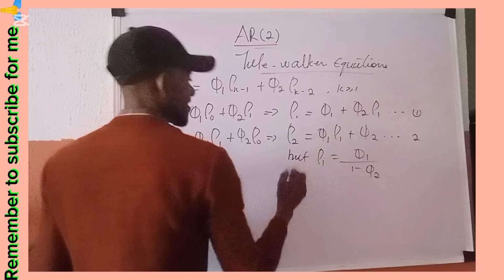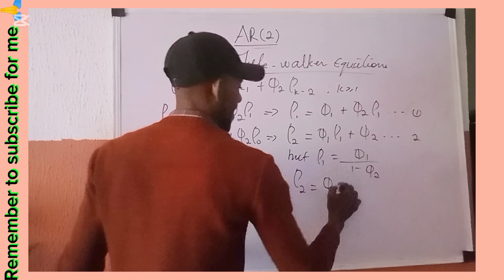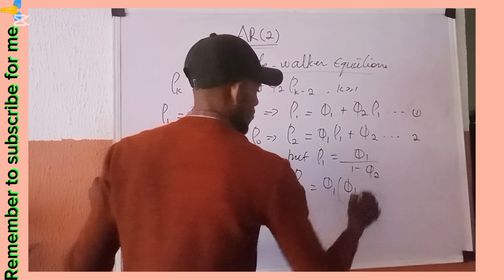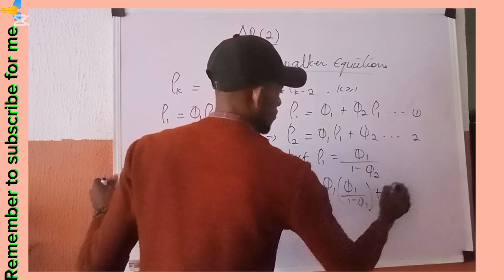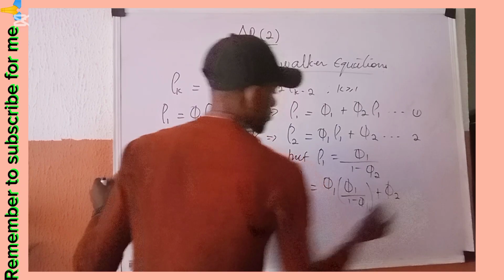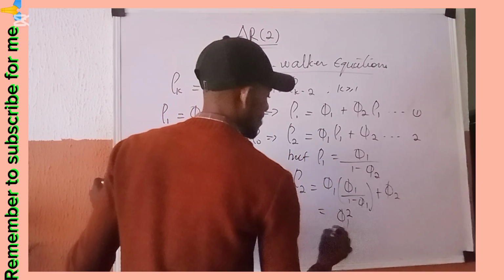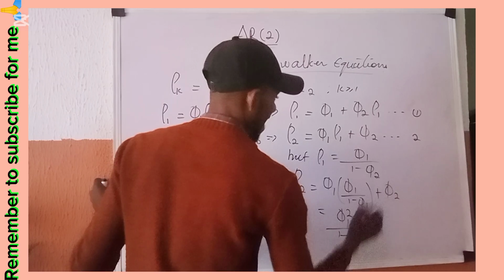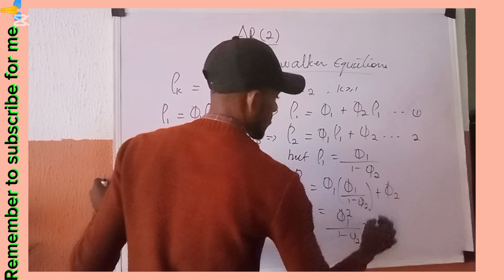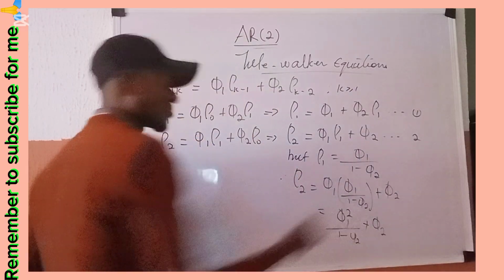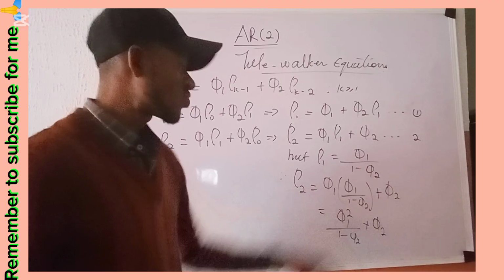So if you bring it in here, you have therefore that your rho 2 will be given as phi 1, open the bracket, phi 1 again all over 1 minus phi 2, close the bracket, plus phi 2. When this goes into this, you have phi 1 all squared all over 1 minus phi 2, plus phi 2. So you have something like this for the value of your rho 2.